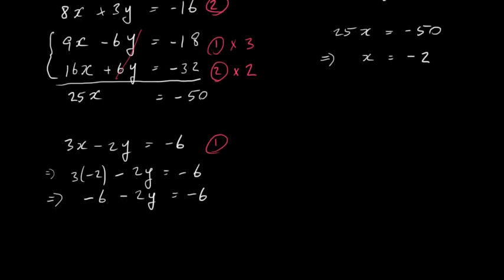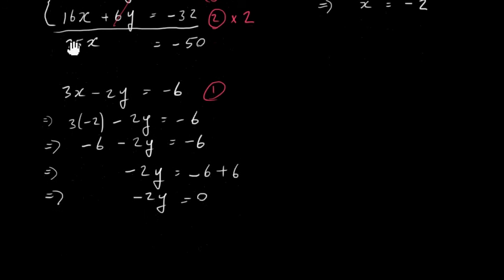Okay, let's continue on here. Now we've got a minus 6 on this side, so I need to add a 6 to this side to get rid of it. So add a 6 to the right hand side. So I'm left with minus 2y here, and I'm left with minus 6 plus 6. That gives me minus 2y is equal to 0.